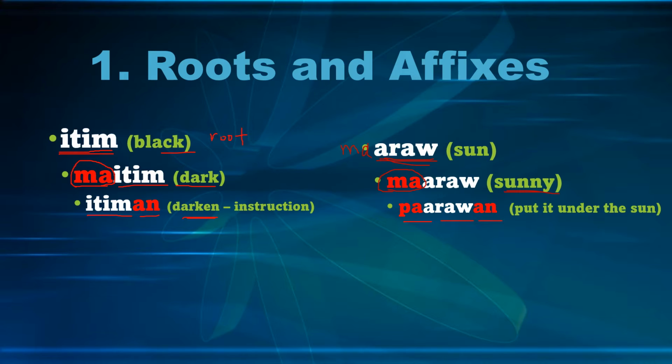Again, paarawan. As you can observe, an affix is placed at the very beginning and at the end, and the root word is in between them. So it creates a new word or an instruction like this: put it under the sun.